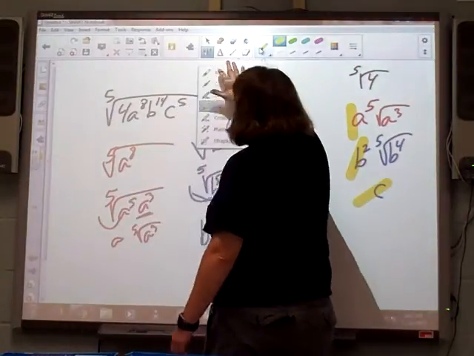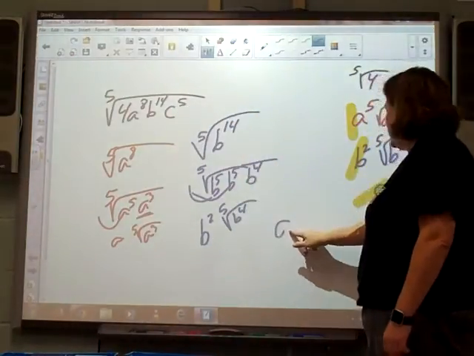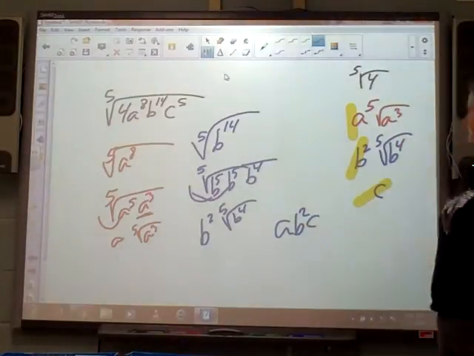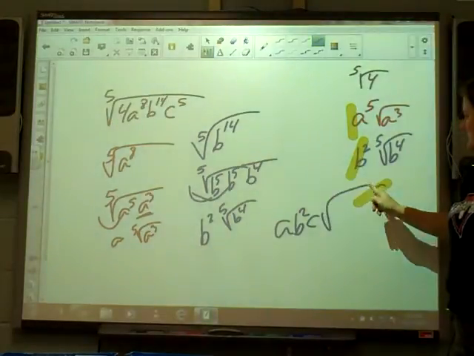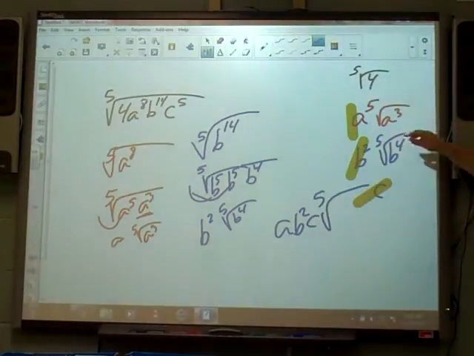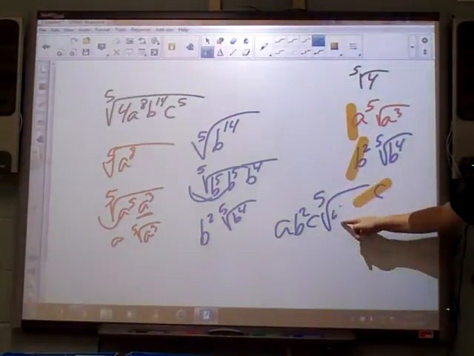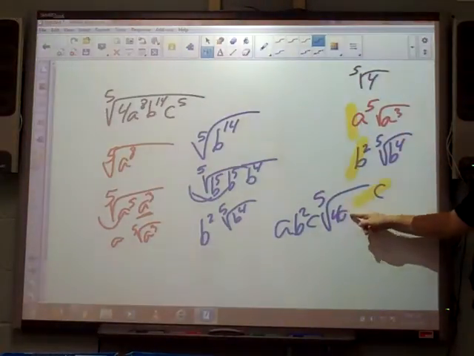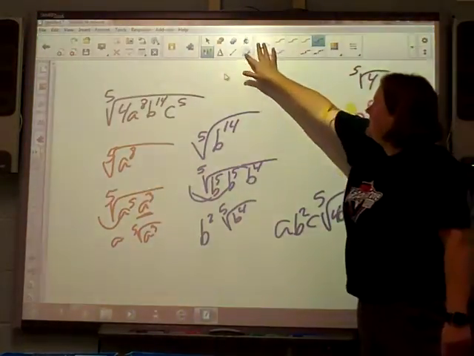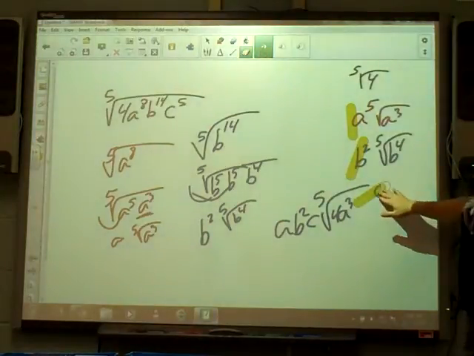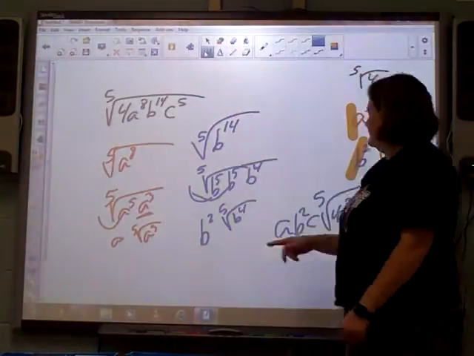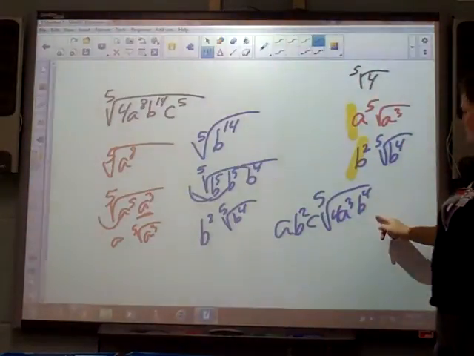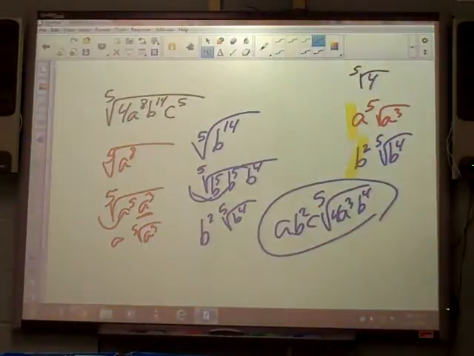So I'm going to write a b squared c. Then all these have a 5th root. I've got a 4, a cubed, and then b to the 4th. That's your answer.